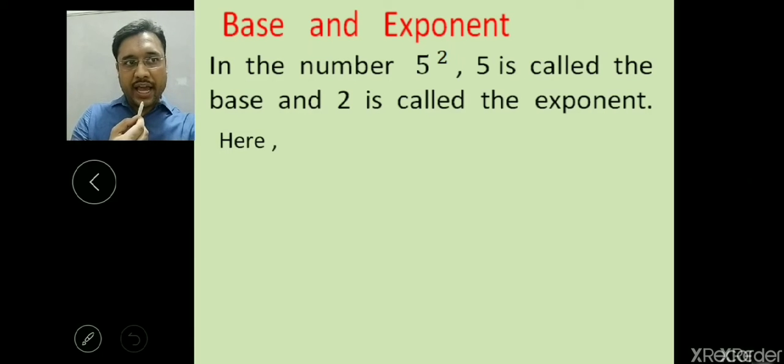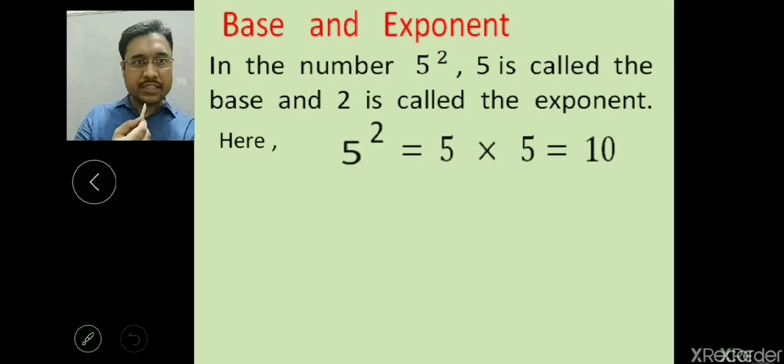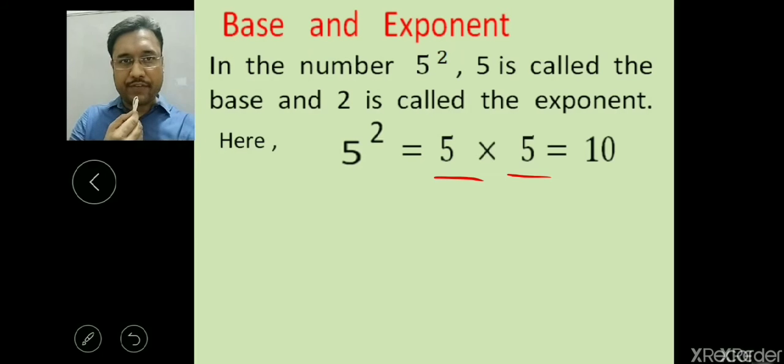This means, if the power or exponent is 2 (power and exponent are the same words), then you will write 5 into 5. 2 times you will multiply the base with itself. That means 5 into 5 equals 25.